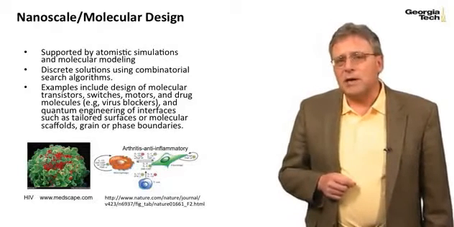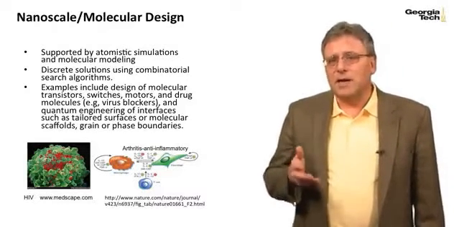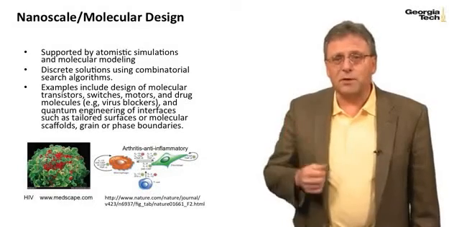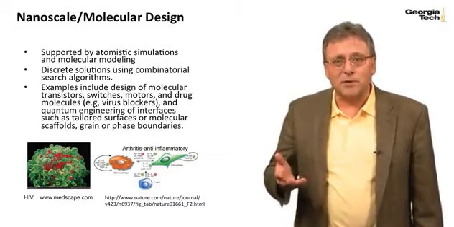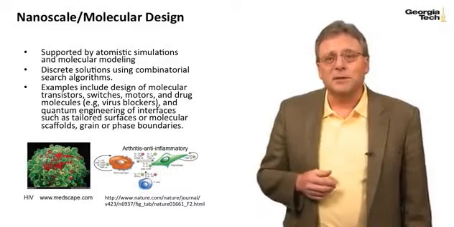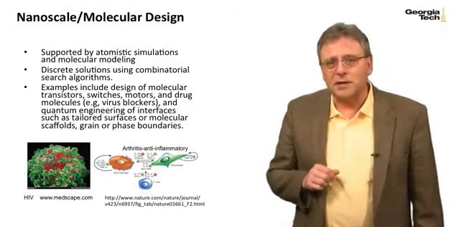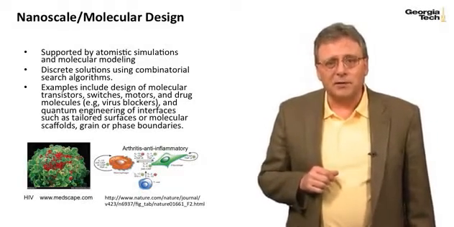Now, we can also distinguish between nanoscale design and microscale design, and of course you're familiar with macroscopic design of components such as golf clubs and automobiles. And let's turn our attention down to the nanoscale and consider nanoscopic or molecular design.